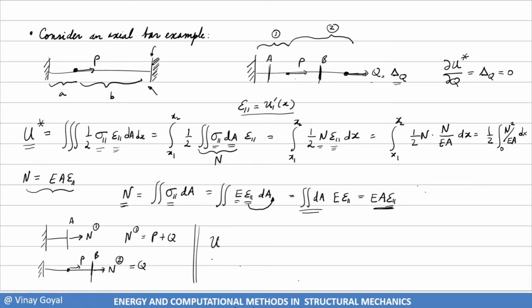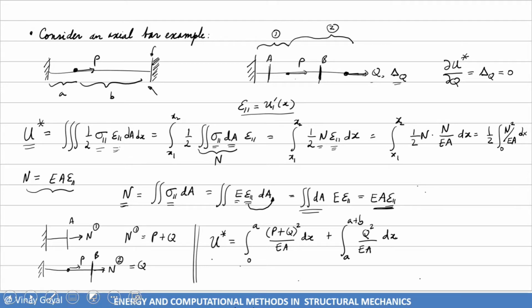So what I get now is U star equals, for section 1, the section 1 goes from 0 to A, and the load is P plus Q squared divided by EA dx, plus the integral from A to A plus B. For section 2, the load is Q, EA dx.